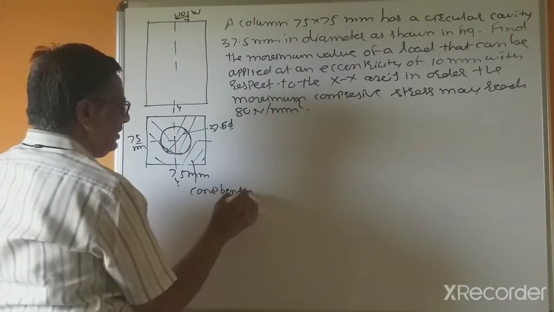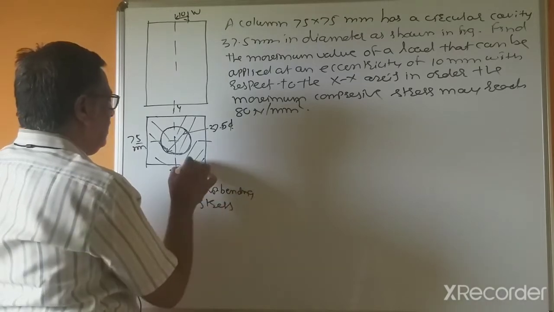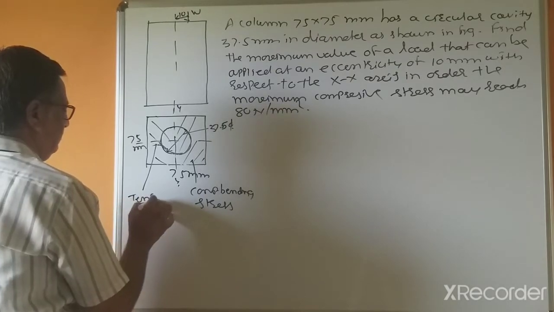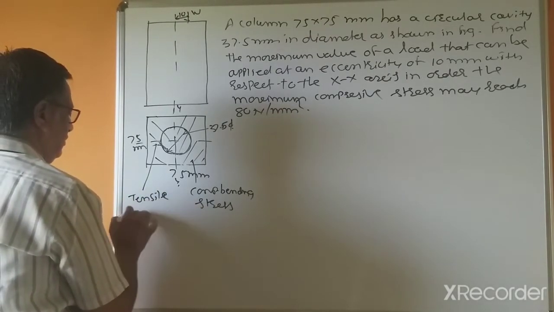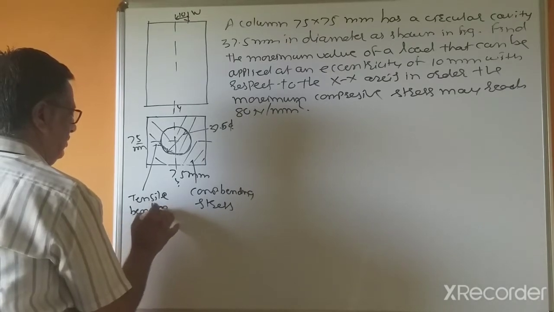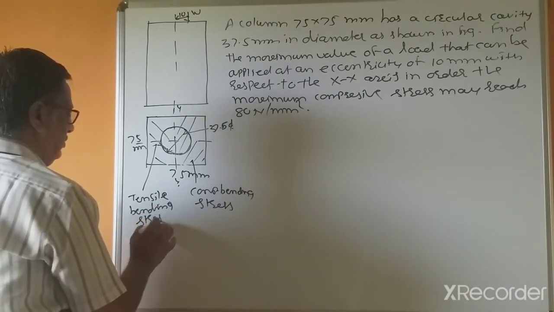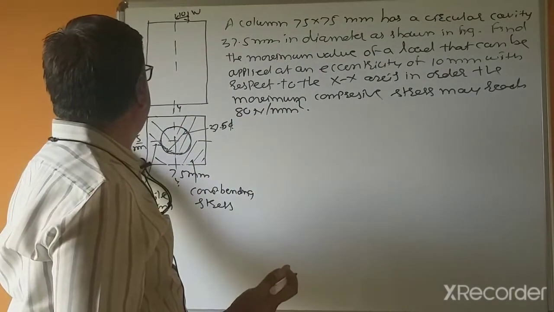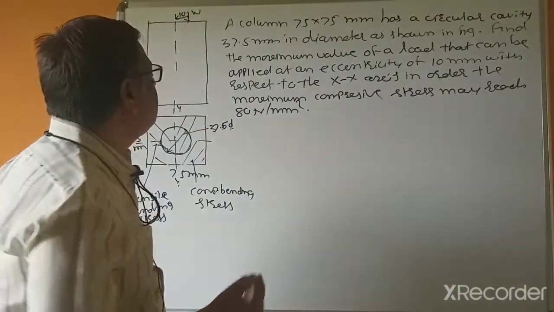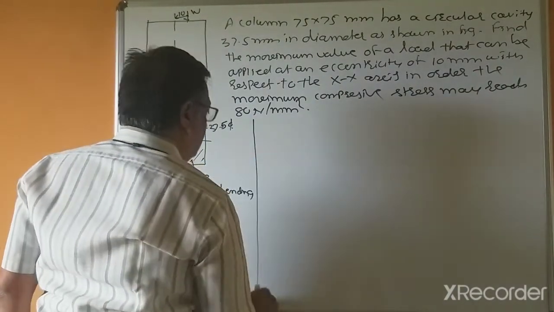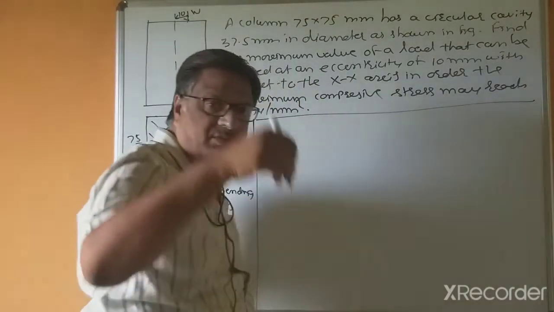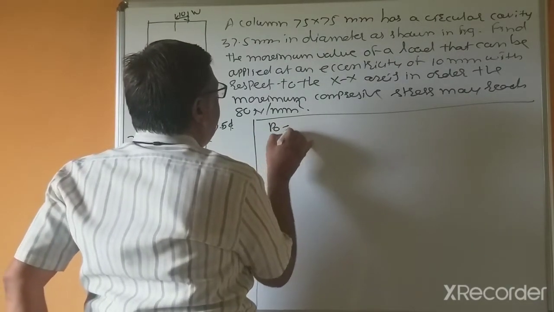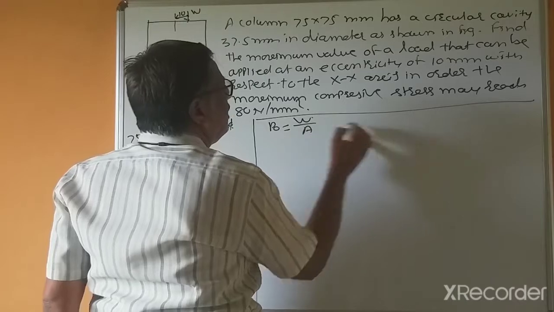Bending stress is tensile in this area. About the y-axis, on the right hand side there is compressive bending stress and on the left hand side tensile bending stress, and direct stress is compressive, because the nature of the force is pushing type. So direct stress sigma 0 equals W by A.